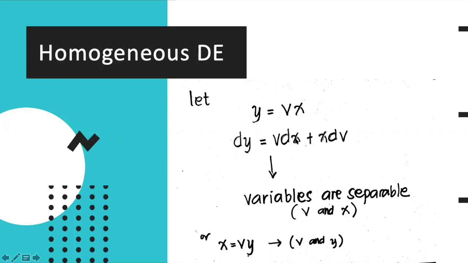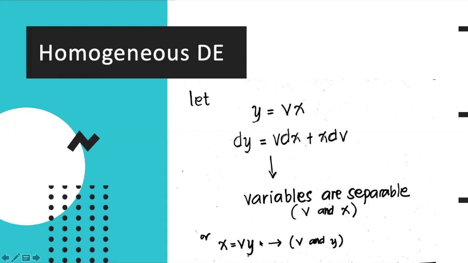So may tanong ba kayo? So ano yung mas convenient gamitin? Replacing y by vx or x equal to vy? So it actually depends. There is convenience in solving the homogeneous equations. You can use y equal to vx if there are few number of terms sa dy.